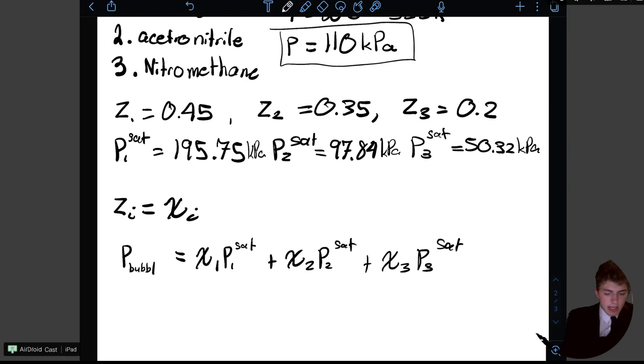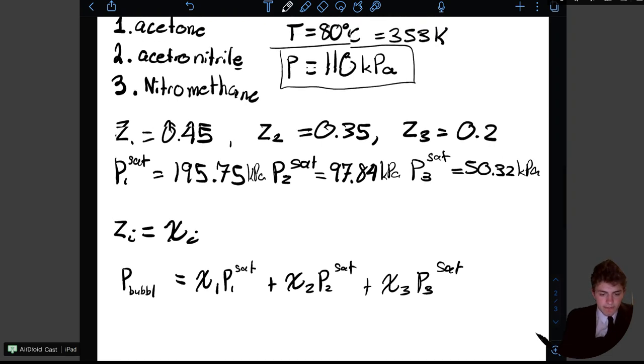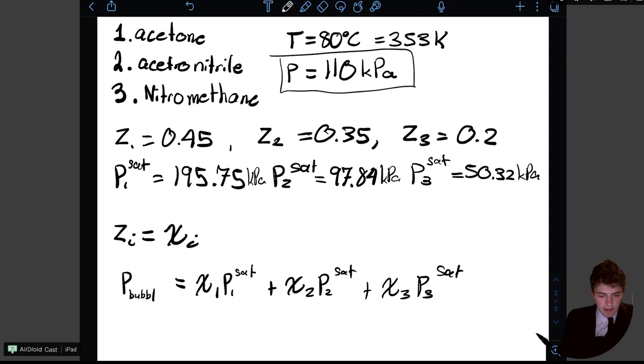I'll crunch those numbers here. So we have 0.45 times its saturation vapor pressure, and we're just going to do that down the line. Again, this is because Raoult's law holds in this case.